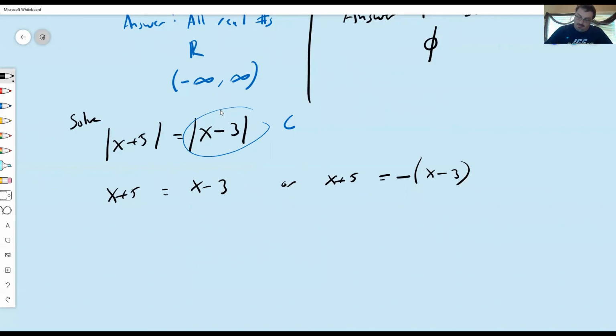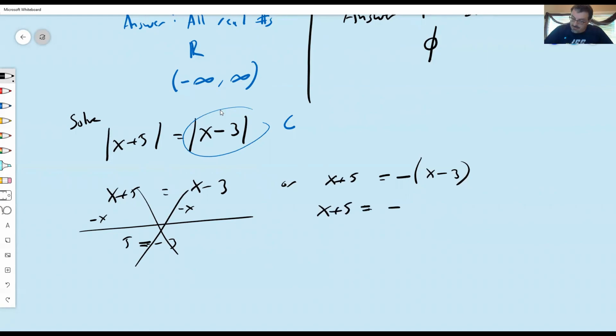So in our case, if you solve this, you have x and x on both sides, so you get 5 equals minus 3. So this side doesn't give me any solution because 5 can't equal minus 3, and that's done. Over here, I have minus x plus 3.